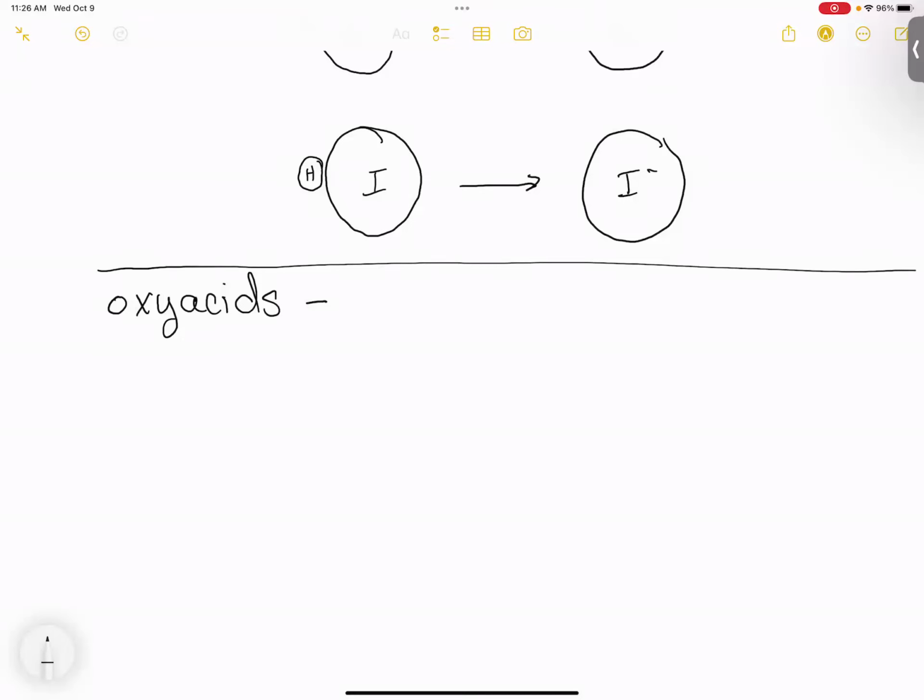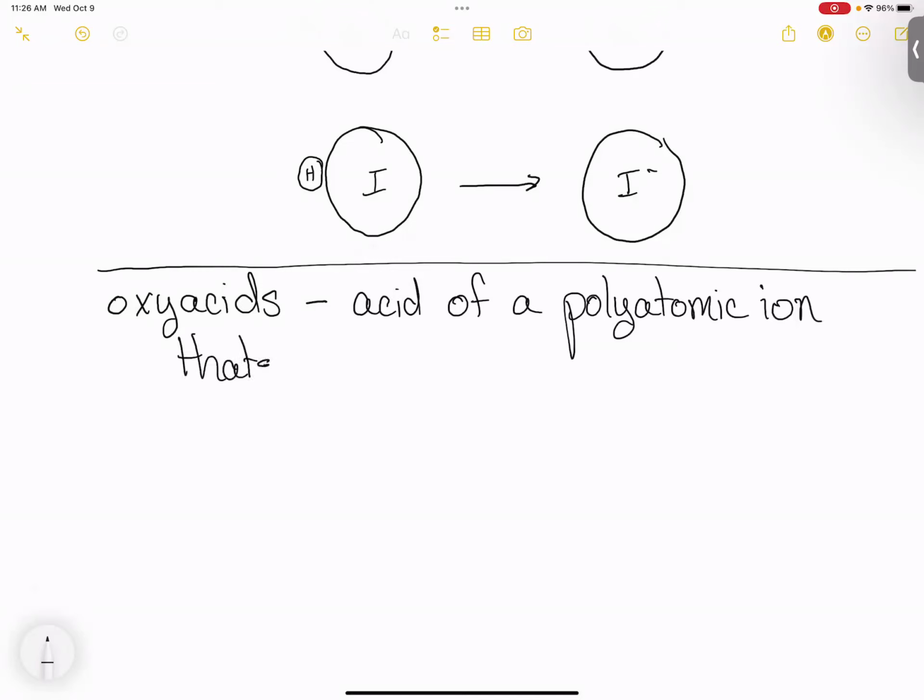An oxyacid is an acid of a polyatomic ion that consists of oxygen and one other element.